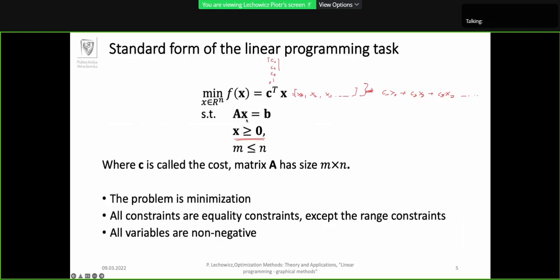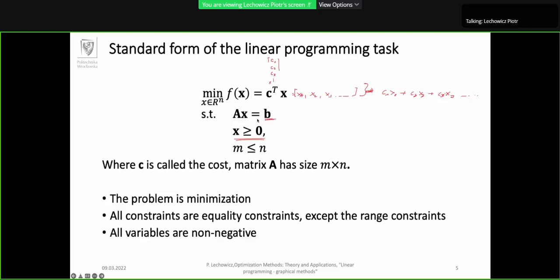Again, it's a vector equation. So we multiply the A matrix, which holds coefficients for particular variables for each constraint, and we have the right-hand side of the equation, which limits the variables to certain bounds.